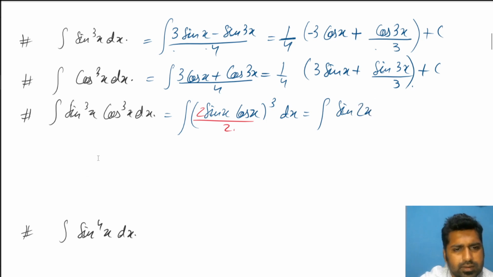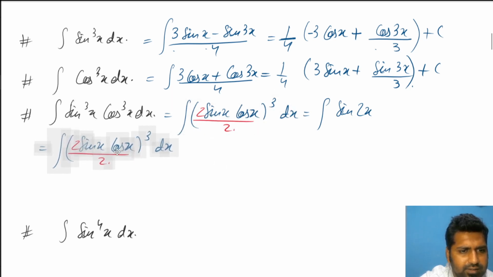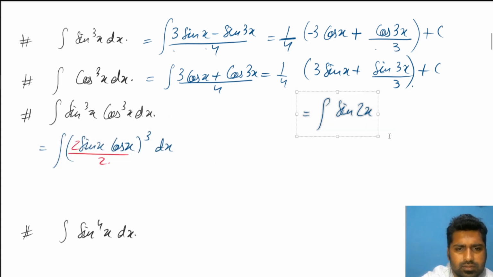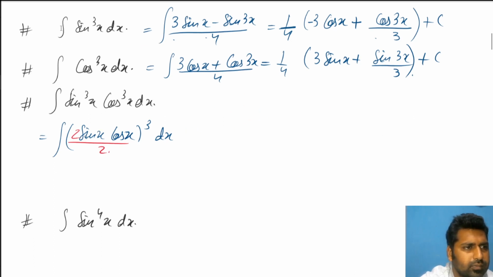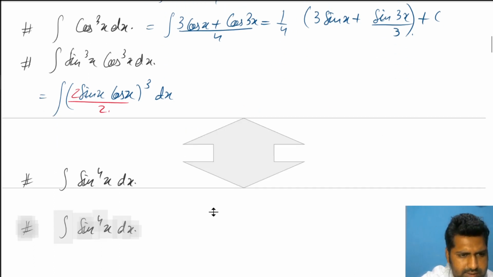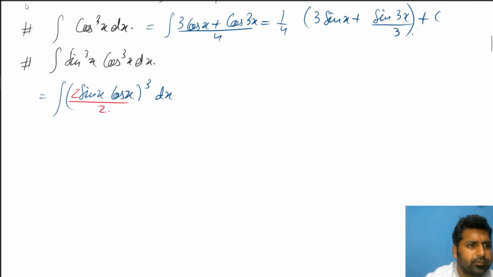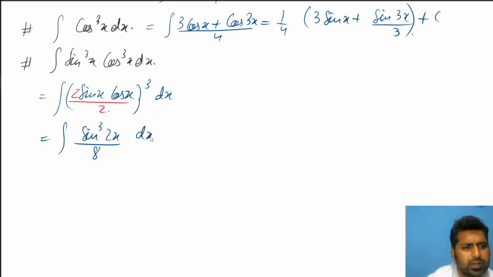I'll put it here, I think, rather than writing like this. This will be slightly lengthy to solve, I think. Let me cut some space. So this is integration of sine 2x whole cube, so sine cube, and 2 is inside the bracket, so 2 cube is 8, dx.